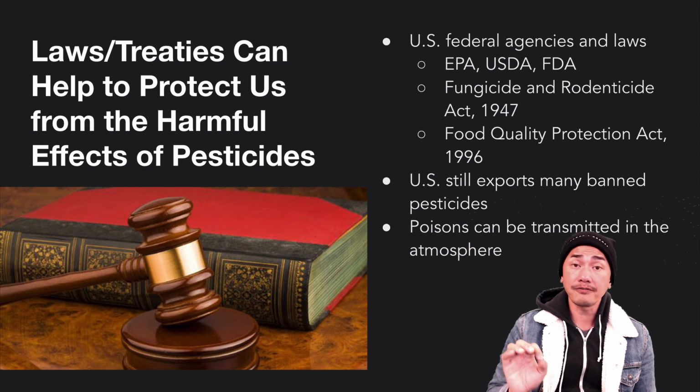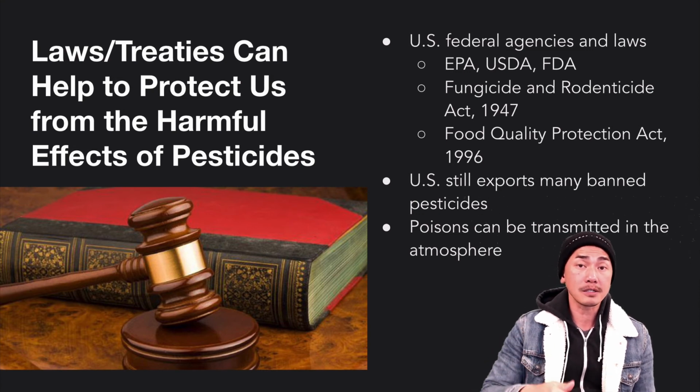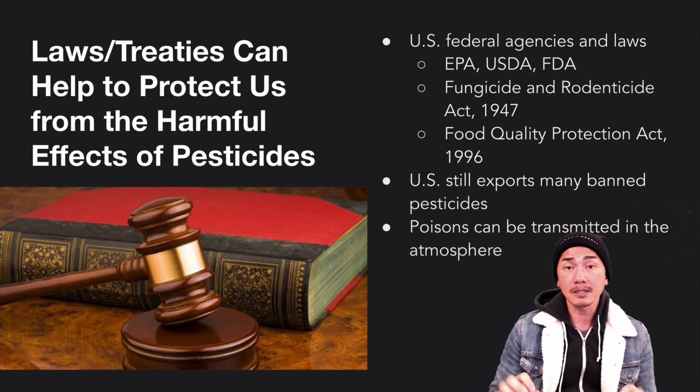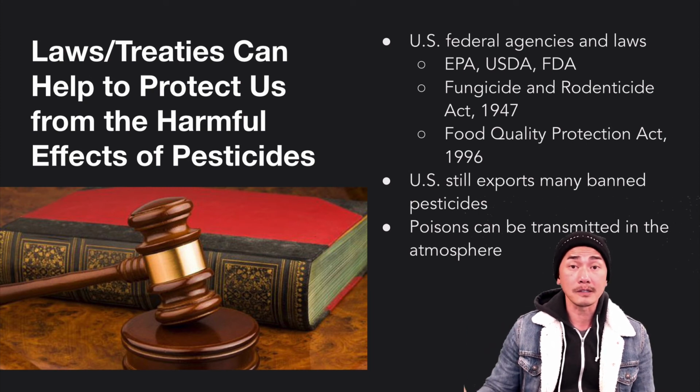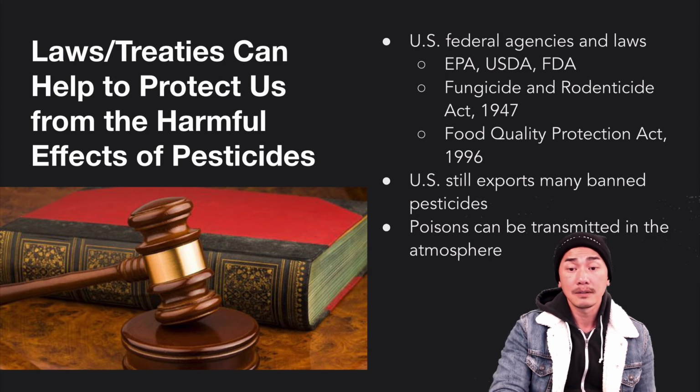We also have the Fungicide and Rodenticide Act of 1947 and the Food Quality Protection Act of 1996. Unfortunately, even though we're protected here in the United States, American companies can still export banned pesticides to other places. Pesticides can also be transmitted in the atmosphere, making their way back to the United States.